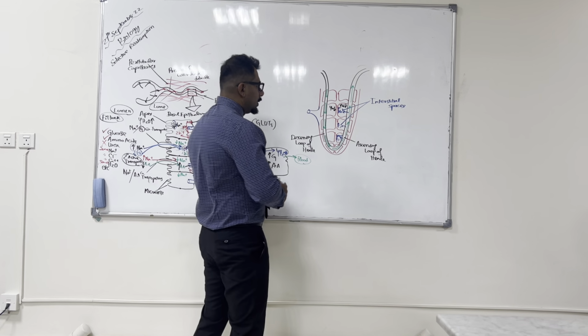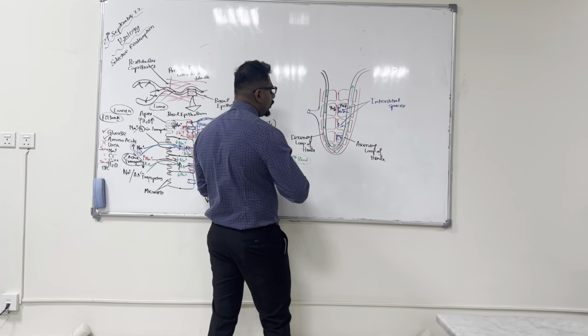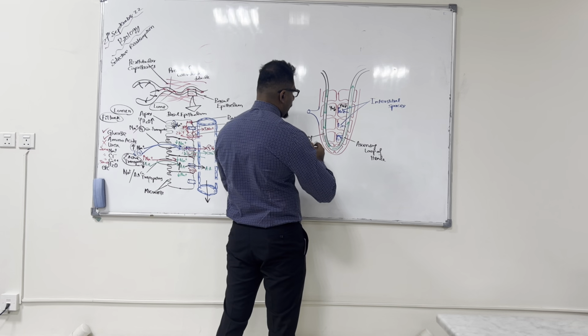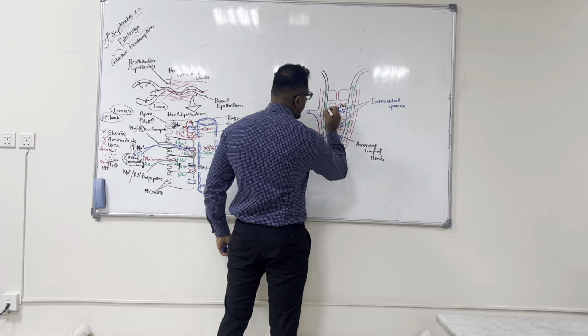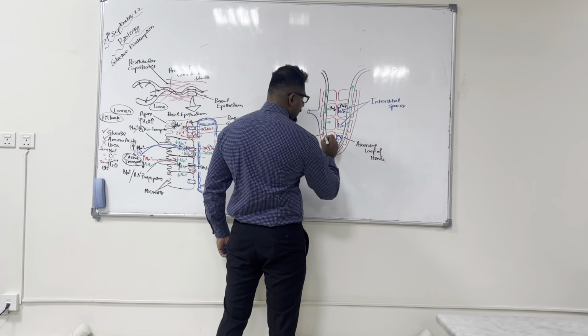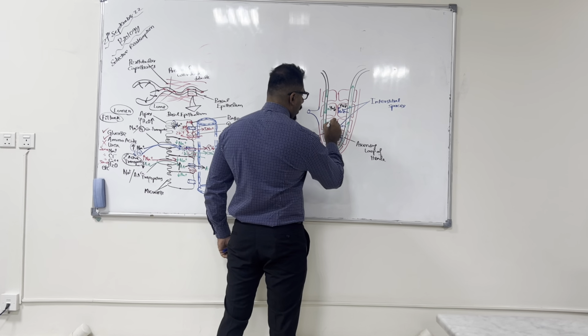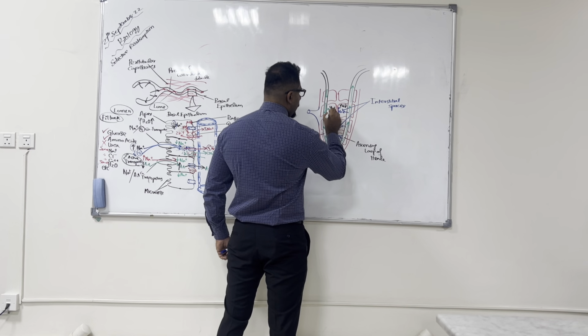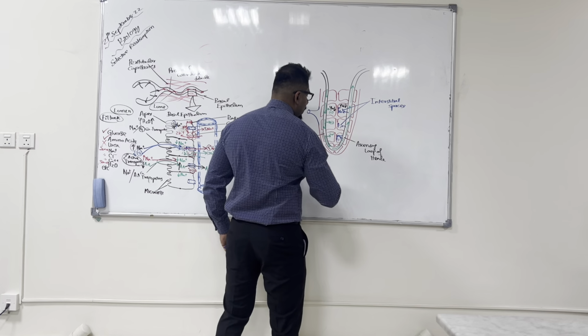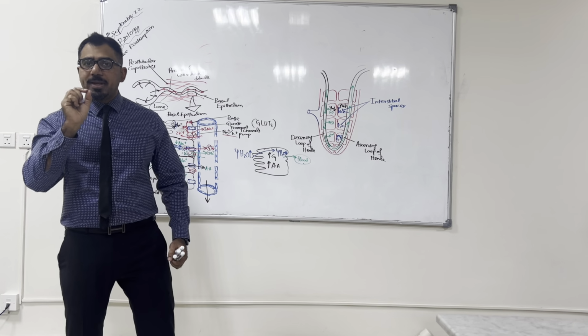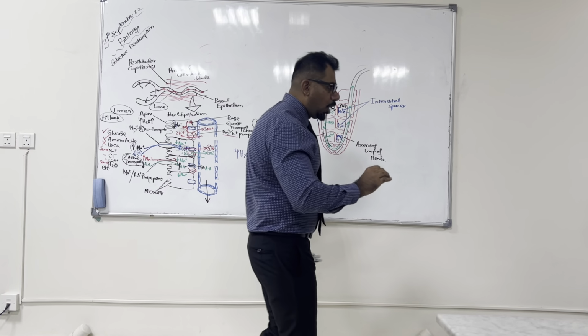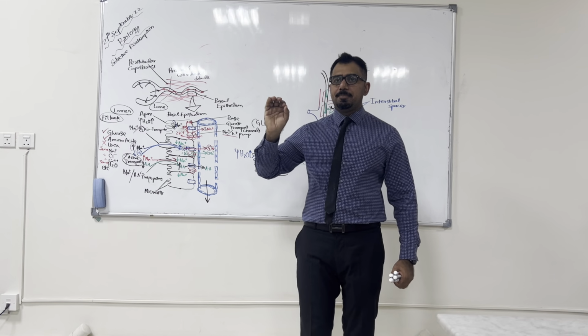Now the water will start moving from higher water potential to lower water potential. Water will come from the descending loop of Henle into the interstitial spaces. Again, water is not directly going into the blood.